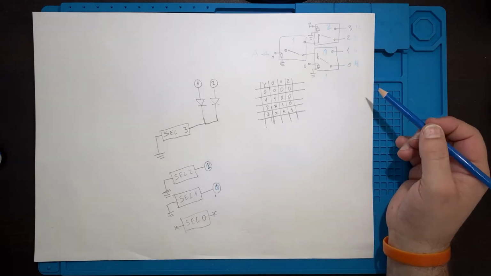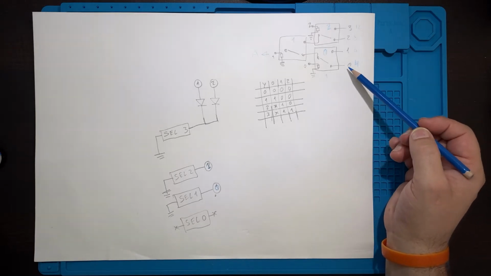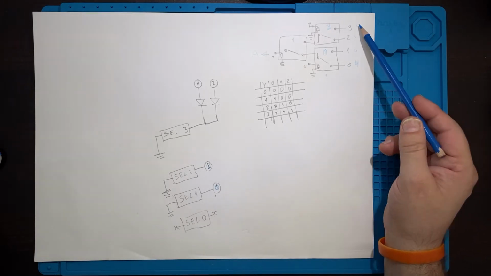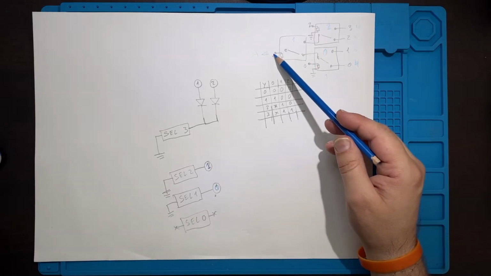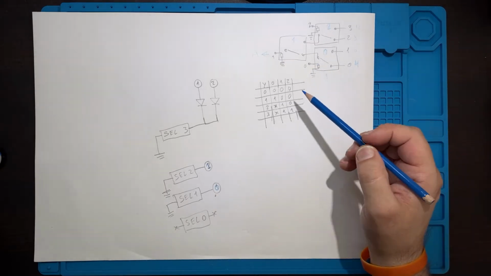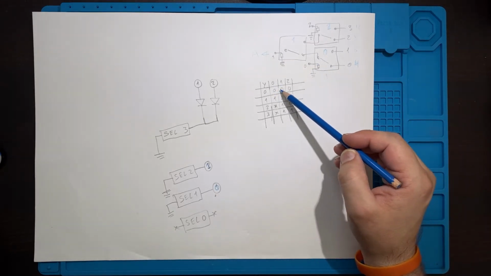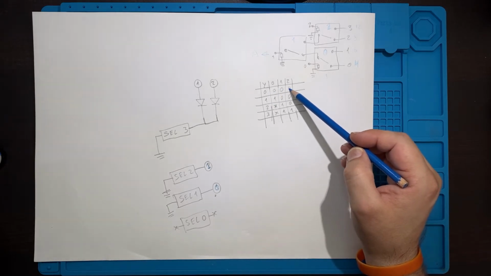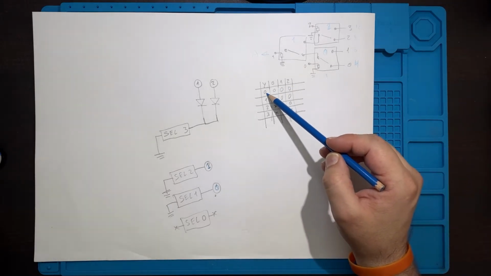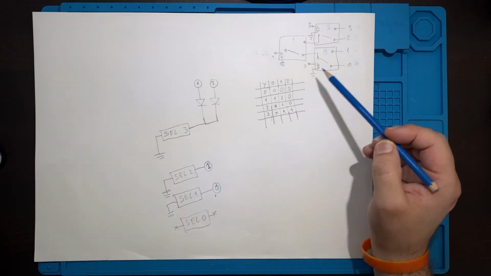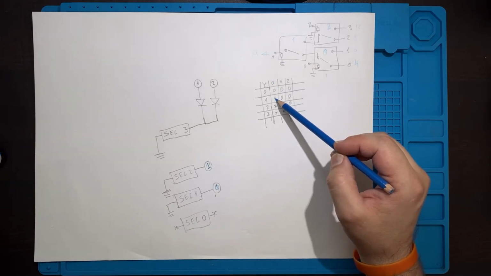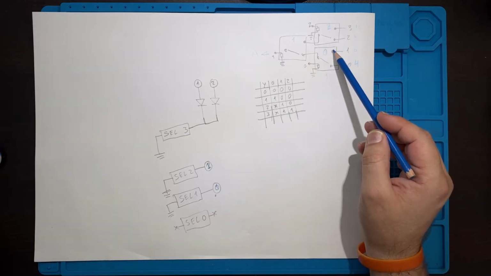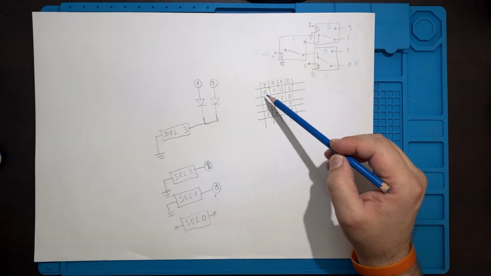So I can select 4 kinds of signals and get them here, depending on how these relays are energized. If all the relays are de-energized, number 0 is selected here. If relay 0 is energized, this one means energized, logic level 1, then this input is going to be selected.